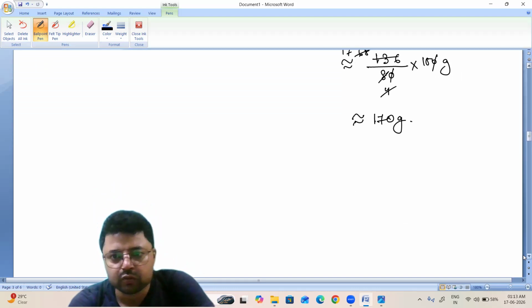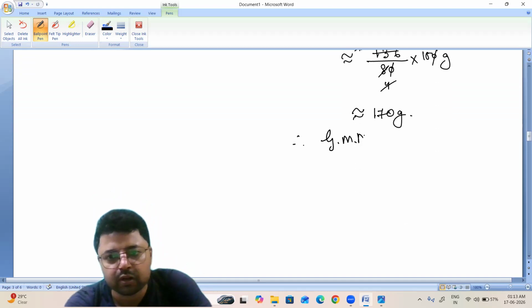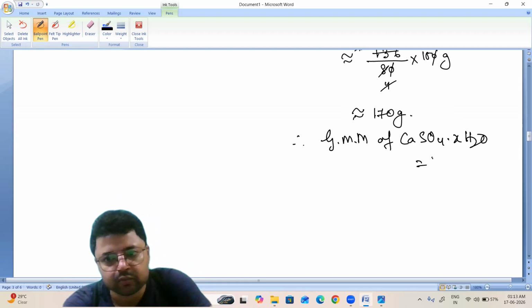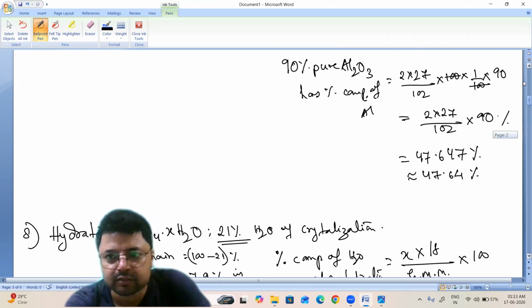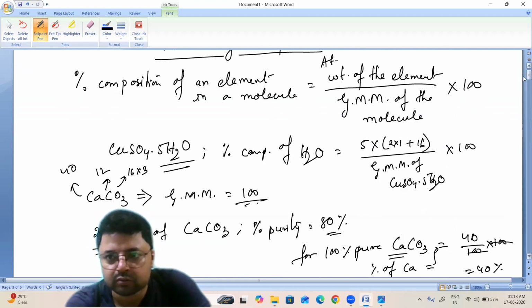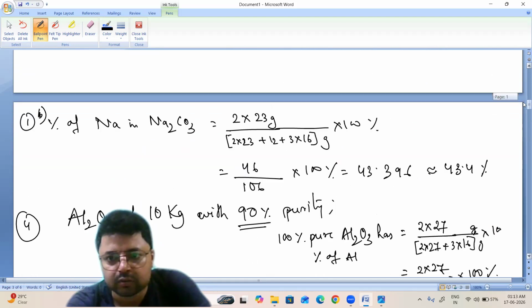Understood? So 100% means this is the molecular mass, therefore the gram molecular mass of calcium sulfate·XH2O is approximately equal to 170 grams. Now put this value here.